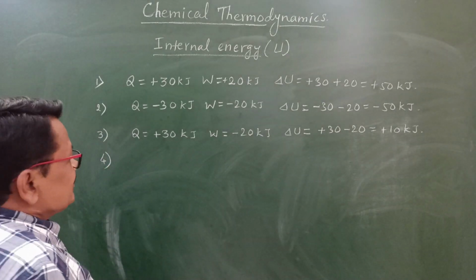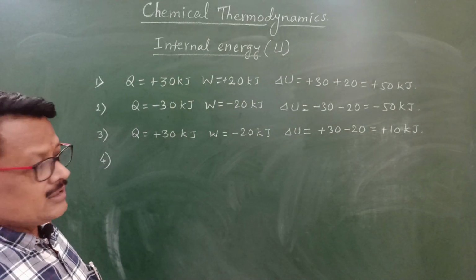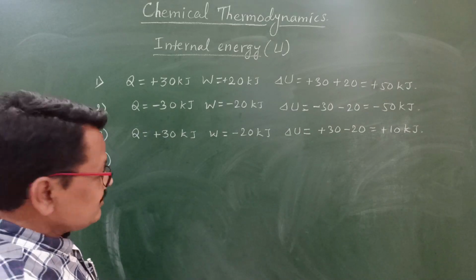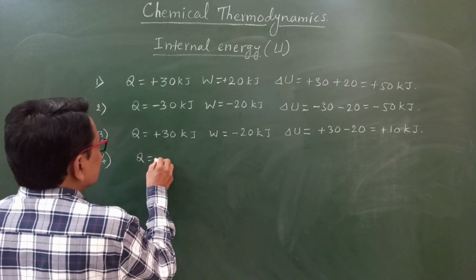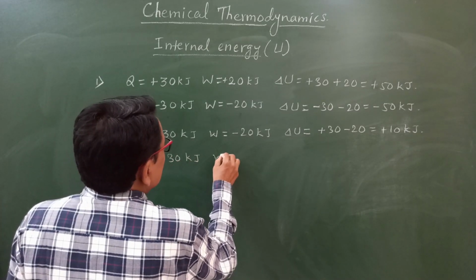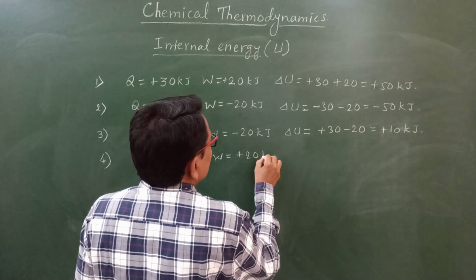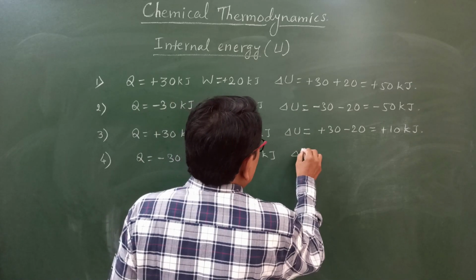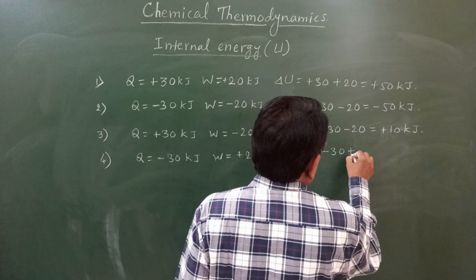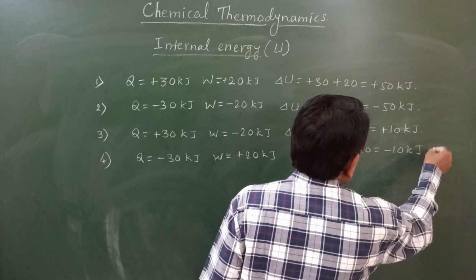If 30 kilojoule of heat is released by the system to the surrounding and 20 kilojoule of work is done on the system by the surrounding, what will be the internal energy change? Heat release is shown by minus 30 kilojoule, and work done on the system is plus 20 kilojoule. So the total internal energy change is minus 30 plus 20, which is minus 10 kilojoule.